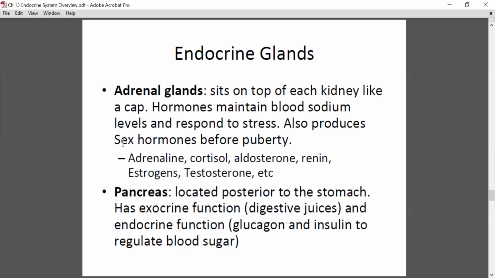The endocrine function of the pancreas is with how the pancreas will secrete glucagon and insulin directly into the bloodstream to help regulate blood sugar. Insulin is produced and secreted into the bloodstream when blood sugar levels increase.